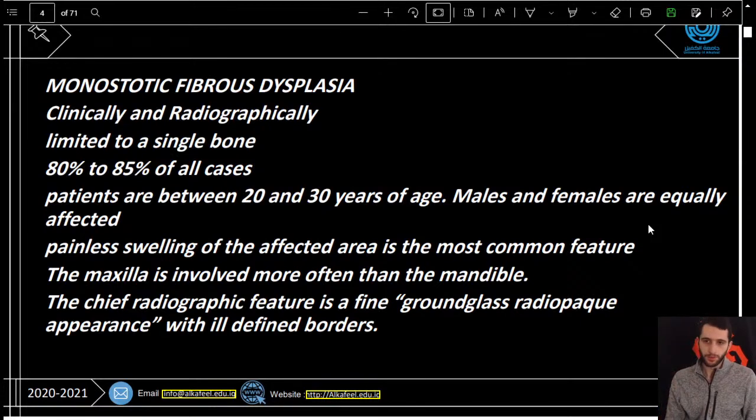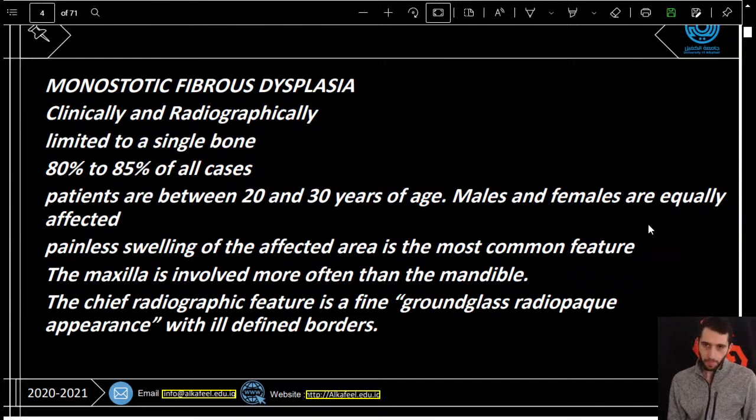At the beginning, we talked about the fibrous lesions, and they were divided into fibrous dysplasia and cemento-osseous dysplasia, which were divided into focal, periapical, and florid dysplasia.